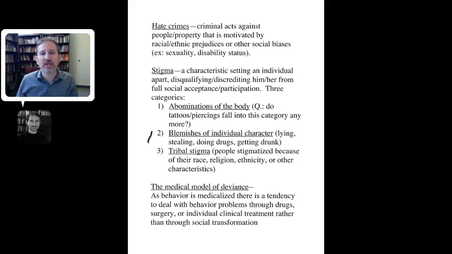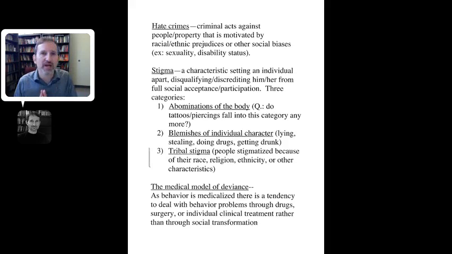Things that you can't see can also be stigmas, like a blemish of individual character. You can't necessarily look at someone and say, that person's a liar, that person is a drunk, right? But those things are stigmatic too if somebody finds out. The third type that Goffman discussed is tribal stigmas. These are people who are stigmatized because of race, religion, ethnicity, or some other characteristic.